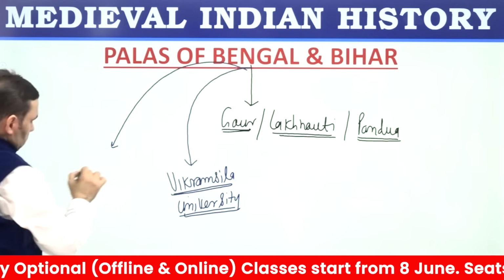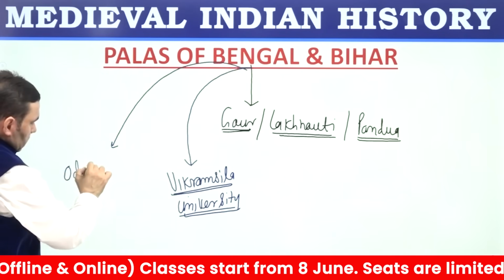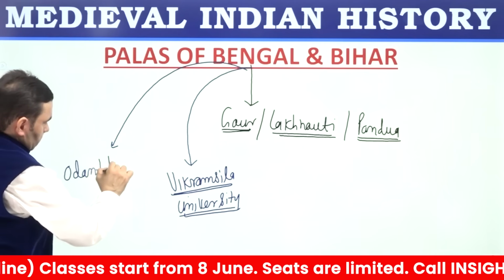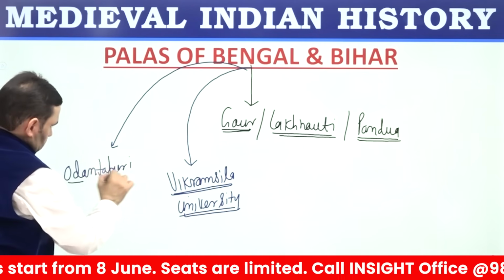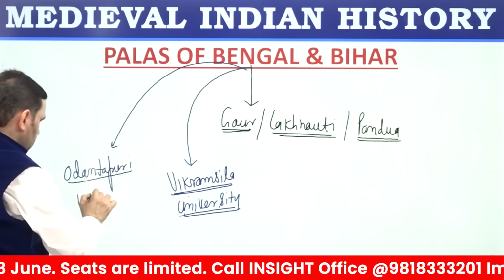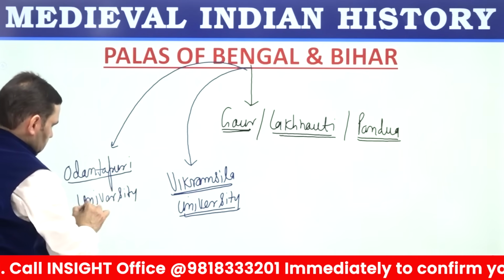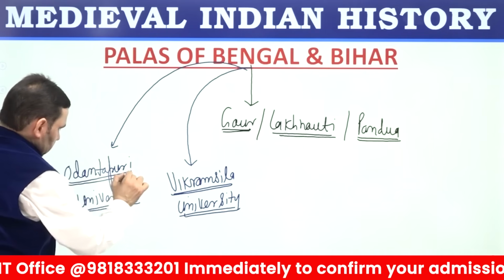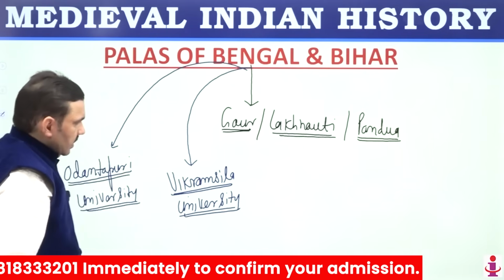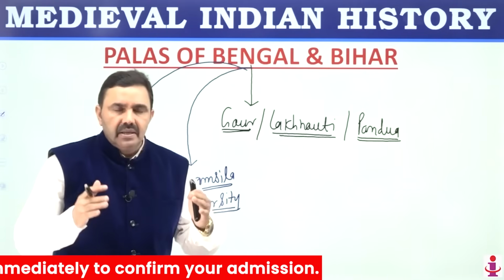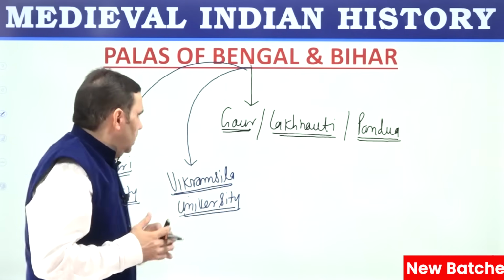Another Pala king built Odantapur University. Both located in today's Bihar. Odantapur University built by Gopal, Vikramshila University built by Dharampal.